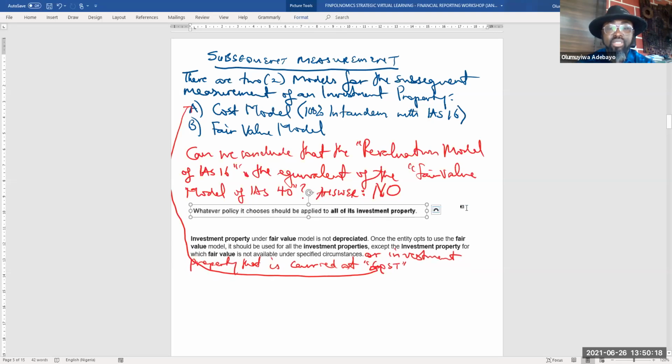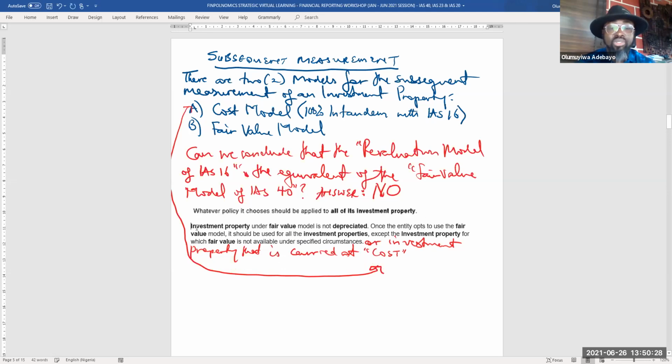And in this case, the policy that you have applied for one investment property affects all investment properties. We're later going to see exceptions to that, okay?